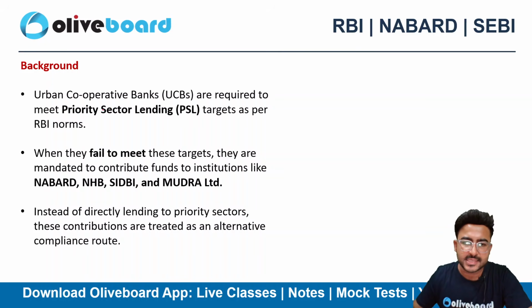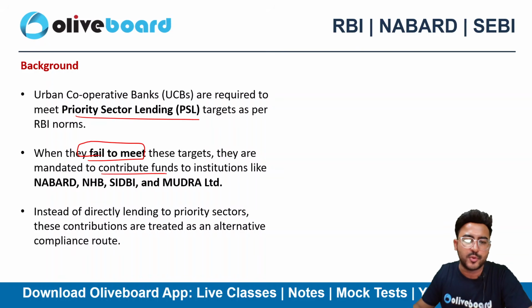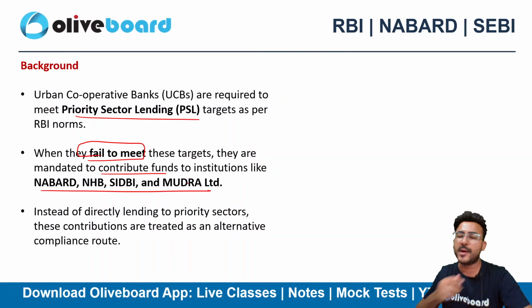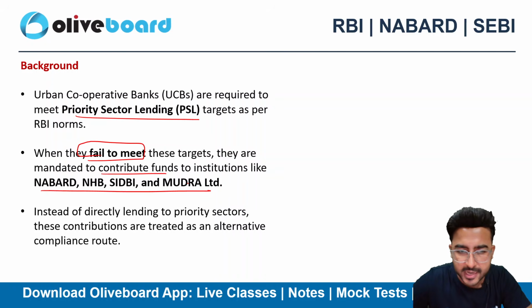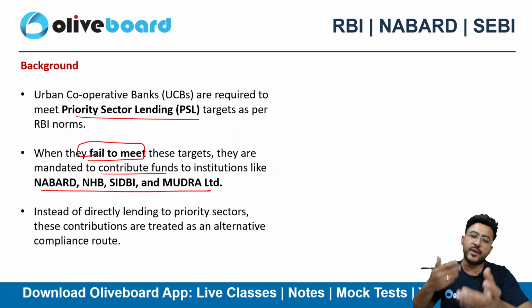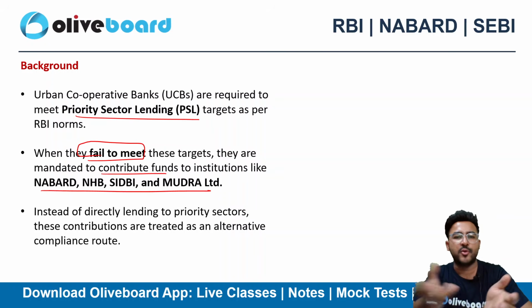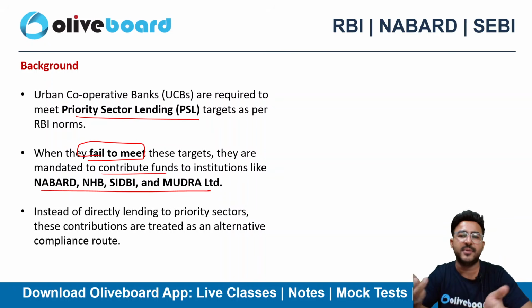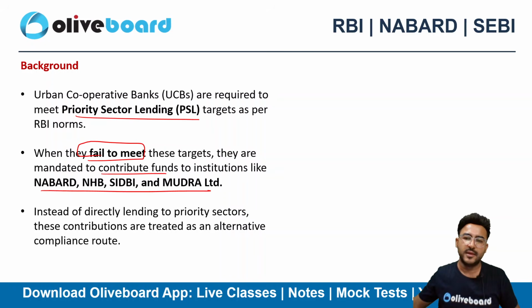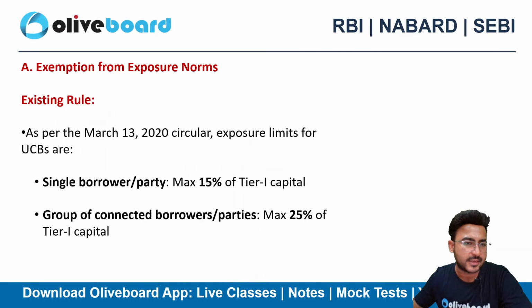Urban cooperative banks are required to meet the priority sector lending targets. So if they fail to meet these targets, then in that case they need to contribute an amount equal to the shortage of the PSL to NABARD, NHB, SIDBI, Mudra Limited, right? Now whether you give directly to the priority sector lending or you contribute to these organizations, ultimately these organizations will also be helping the priority sector lending areas only, right?